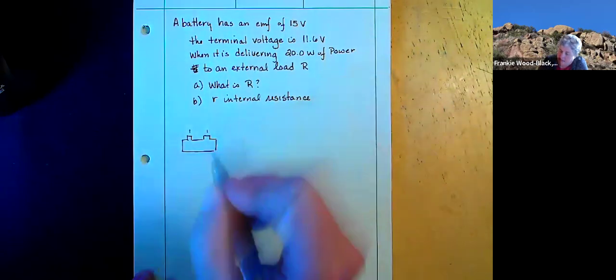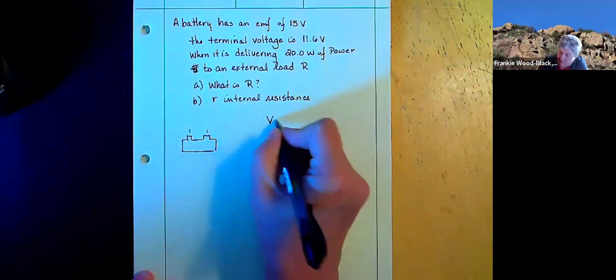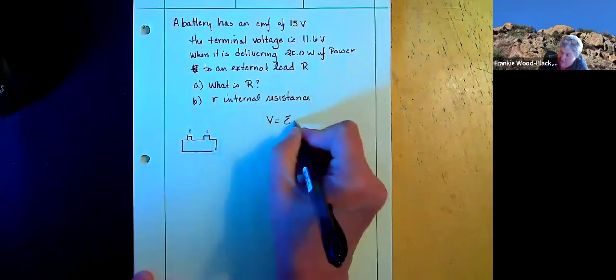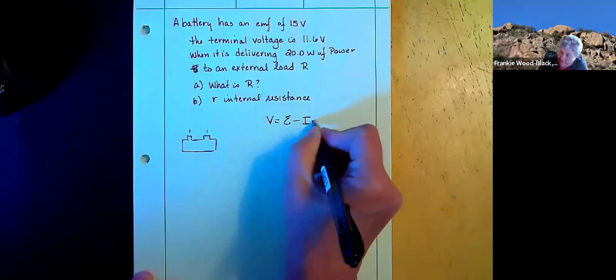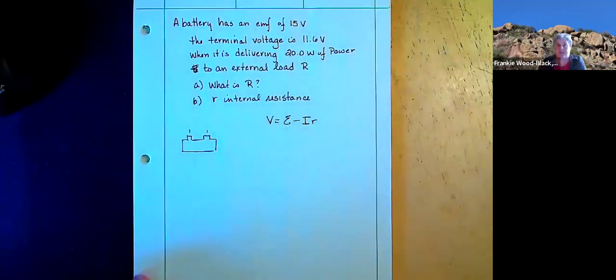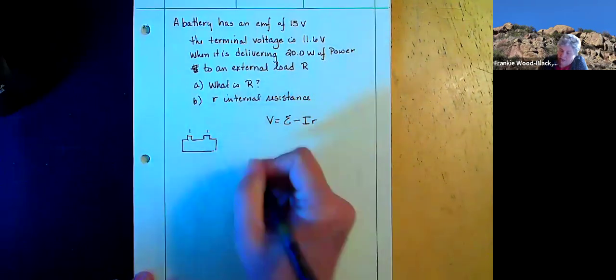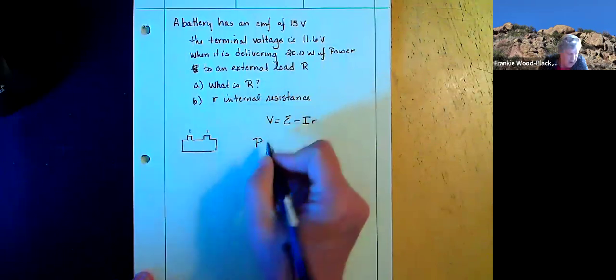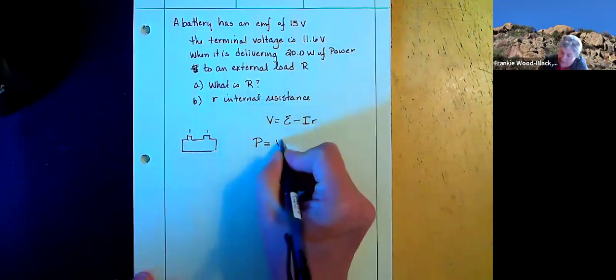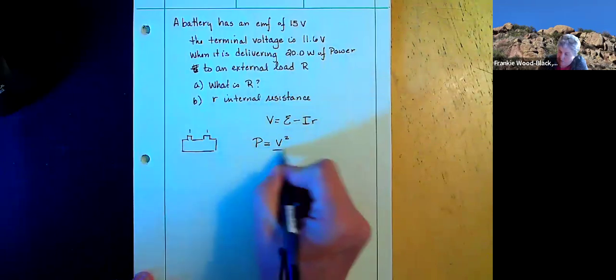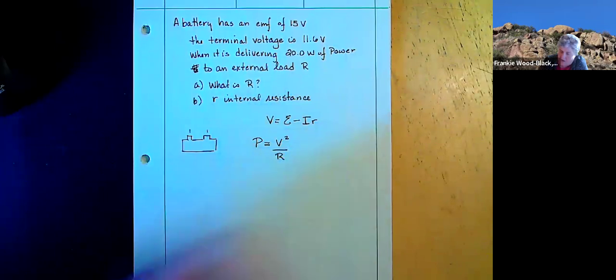So remember what we said yesterday is that my voltage is going to equal my EMF minus the current times my internal resistance. So that's what we're going to be working with. We also have to deal with power, and power can be written as voltage squared over R.